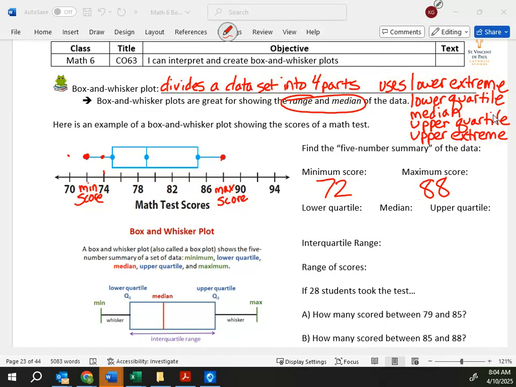So now our lower extreme is over here, the lowest numbers. That's the extreme. So this is the lower extreme. So it makes sense that over here is the upper extreme.